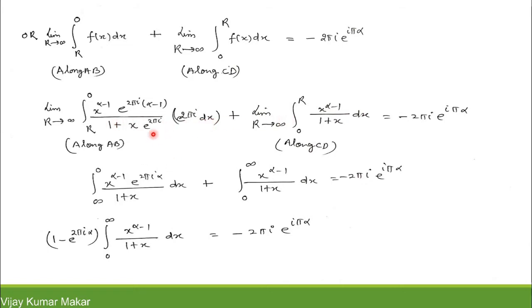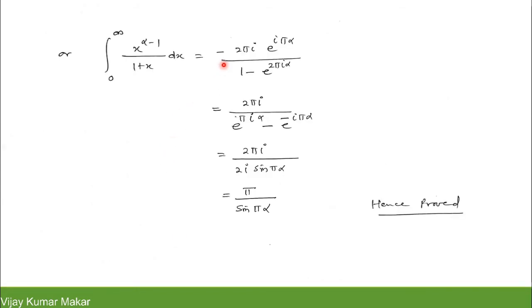Okay, this step is very important. Now we apply the limit r tends to infinity on these integrations, and on calculating we get (1 minus e raised to power 2 pi iota alpha) times the integral from 0 to infinity of x raised to power alpha minus 1 upon 1 plus x dx.